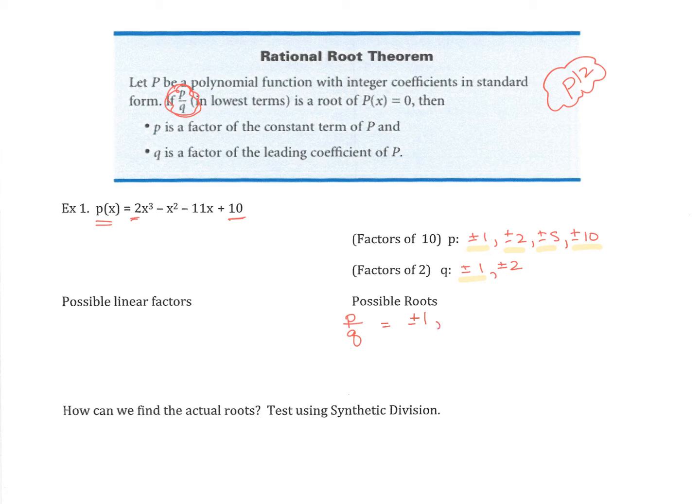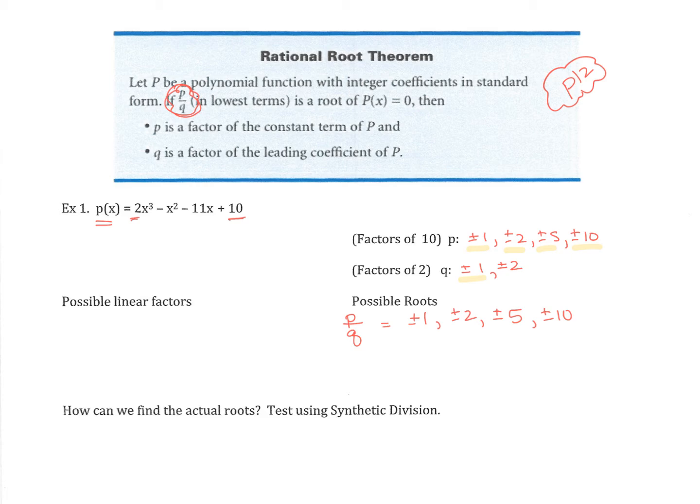Same thing for 2. If I take positive 2 and divide by positive 1, then I get a positive 2. If I take a negative 2 and divide by a positive 1, I'd get a negative 2. So if I take one of these plus or minus 5 factors and I divide by plus or minus 1, I still get a positive or negative 5. It depends on if I divide it by a positive or negative 1. Same thing with 10.